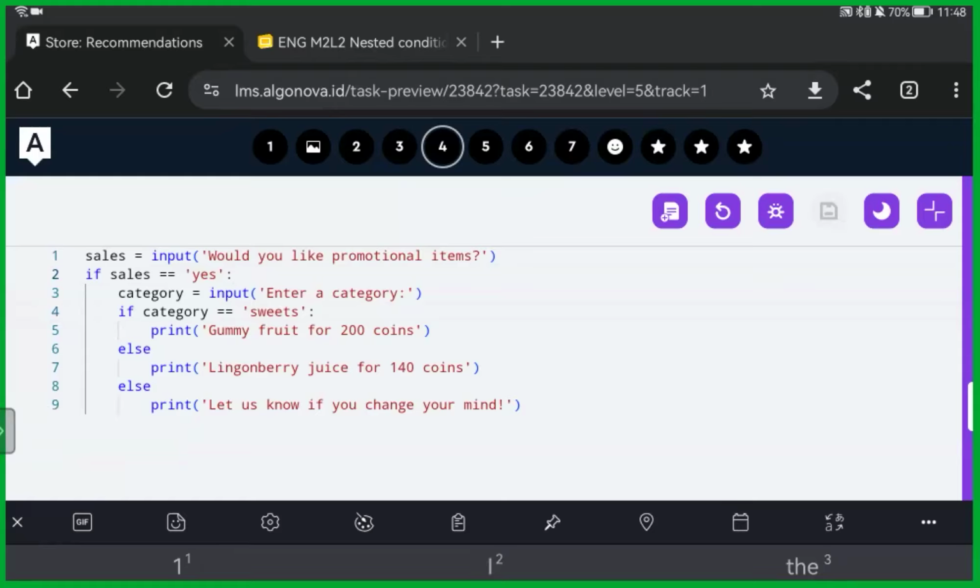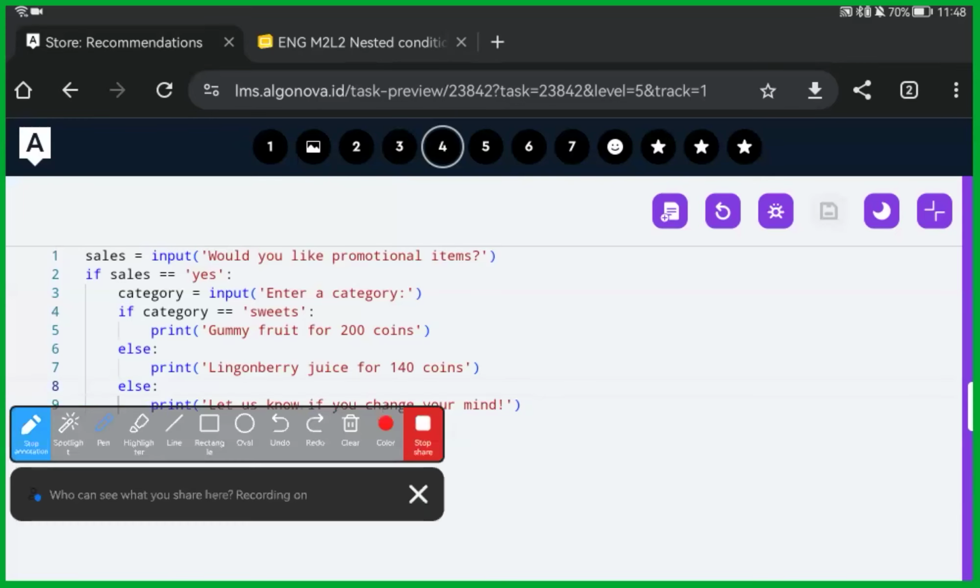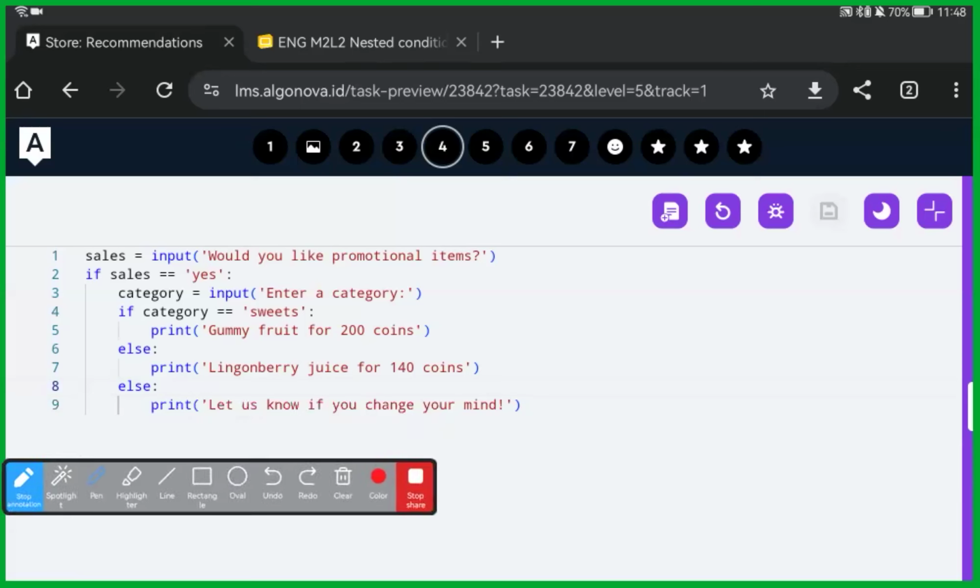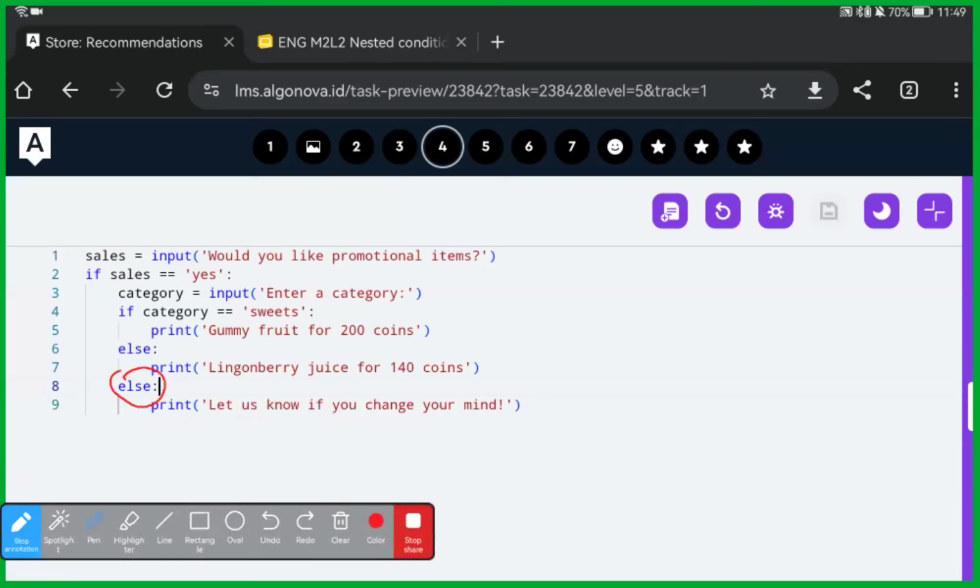So after this, let's see some mistakes. The third mistake is after else, please don't forget the colon also. The fourth mistake is also in here. If you remember, I will try to annotate. This else actually belongs to this if, right? Because this is a package.